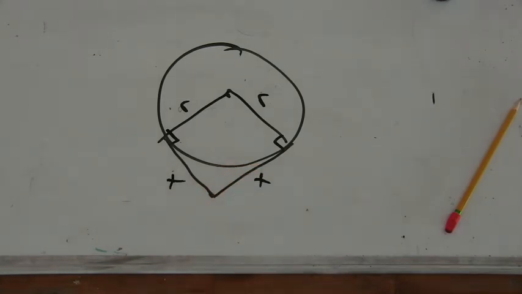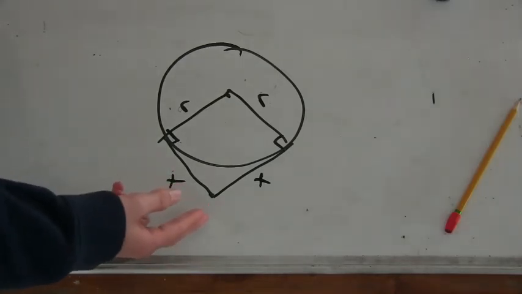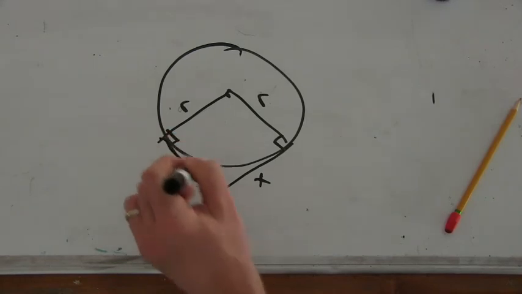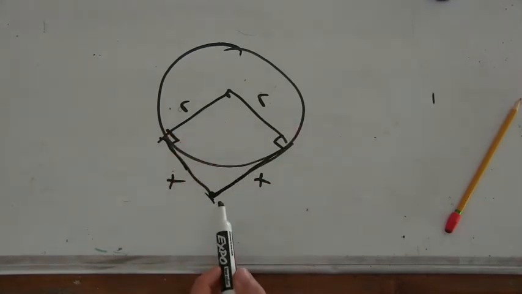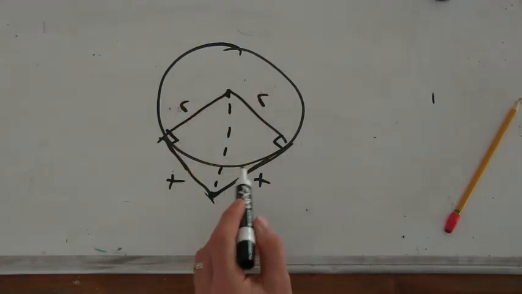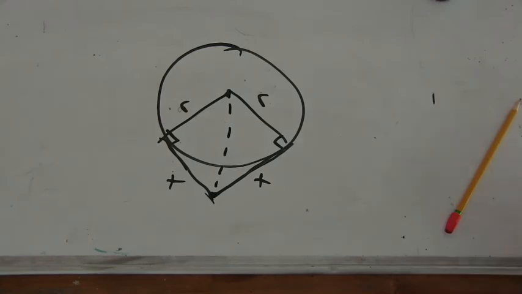The distance from the point to the circle, either direction you go, is what? I guess they're the same. They're the same. So the distance from a point to a circle on the tangent lines is the same no matter which tangent line you go on. And that's how you prove it. You draw that line in, and then you show that those are two congruent right triangles.